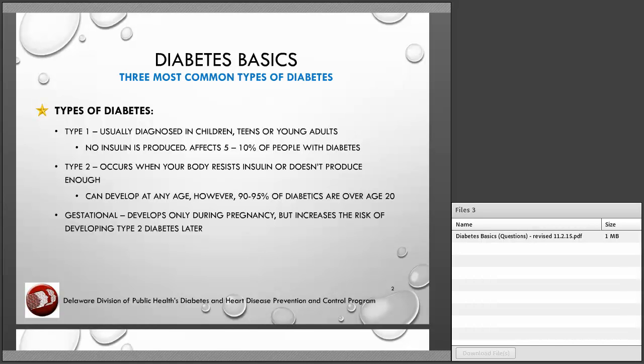There's also type 2 diabetes, which occurs when your body is resistant to insulin or doesn't produce enough insulin. This can happen at any age, but usually more in the older adult population. And then there's gestational diabetes, which develops only during pregnancy, but it increases the risk of developing type 2 diabetes later in life.